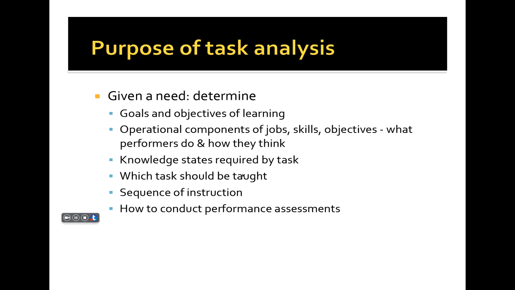The key is that at the very end, how to conduct the performance assessments is part of the task analysis before you design the learning intervention, because we want to measure whether the objectives were achieved, going back to the original purpose, not having those objectives or evaluations built out of the resulting instructional design. We don't want to teach to the test.